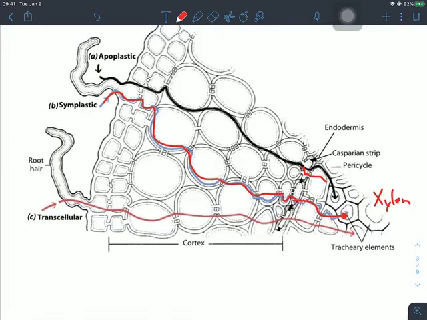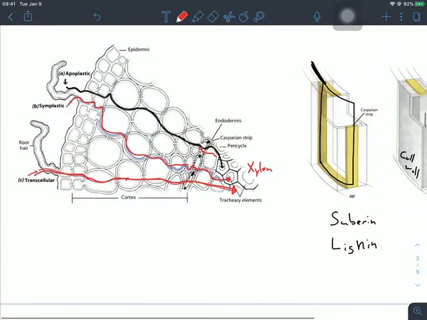Transcellular movement, it enters the vacuole, which here is illustrated as the dotted line inside of the cell, and the vacuolar movement does move via plasmodesmata or apoplasts when necessary, but it ultimately, again, moves through the inside of the cell to get to the xylem on the inside of the root.